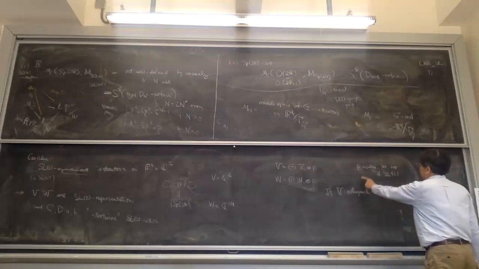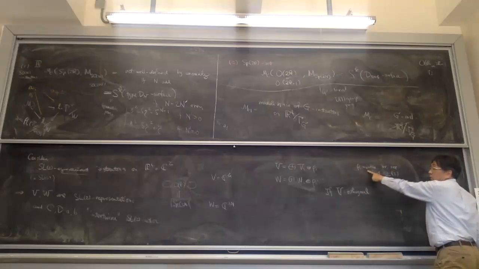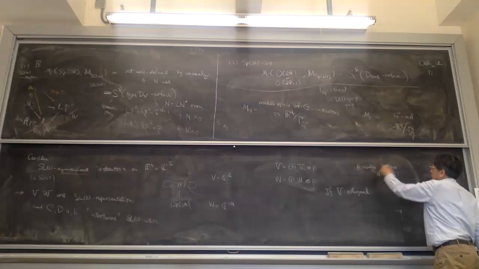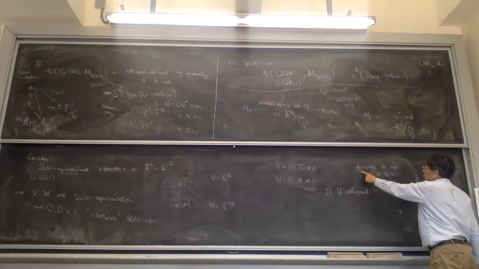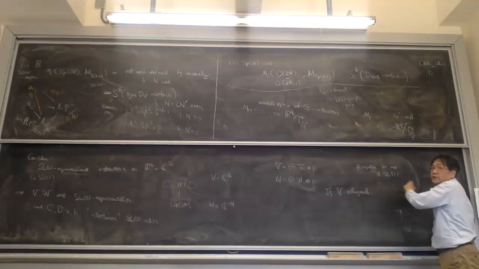But rho I is an irreducible representation of SL2. So in particular, if I is an odd number, then rho I is symmetric, and if I is even, then it is symplectic.